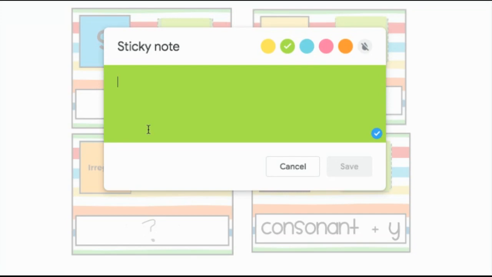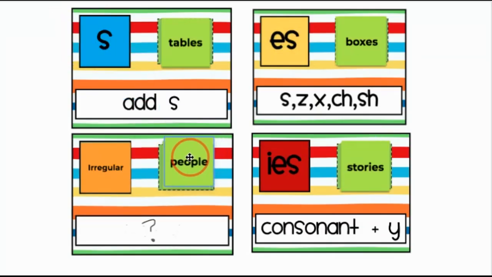What is the plural of person? The plural of person is people. Okay, there are two people in my house, for example. Okay, so we're going to put this one here, and that shows us how we can put S, ES, IES, or if it's irregular plural. All right.